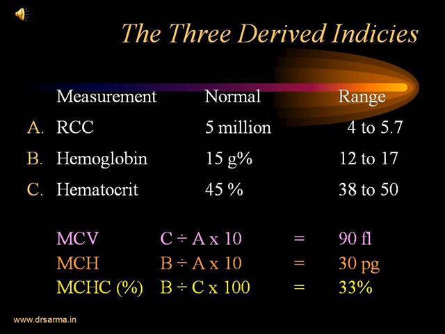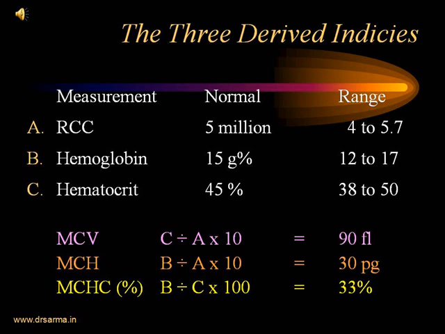Once again, mean cell hemoglobin is equal to total hemoglobin 15 grams divided by red blood cell count 5 million, 15 divided by 5 is equal to 3, that multiplied by 10 is equal to 30, expressed in picograms.